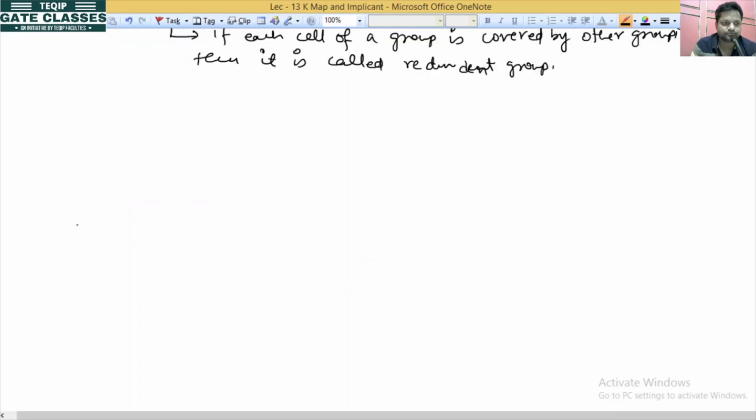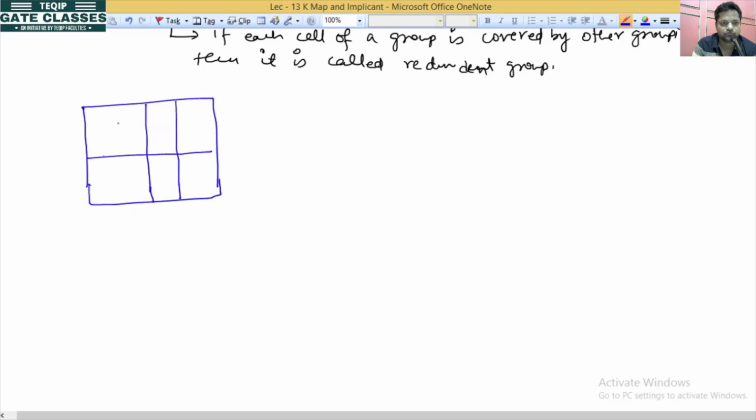Suppose I have a 4 variable K-map. In this 4 variable K-map, you cannot group these two.